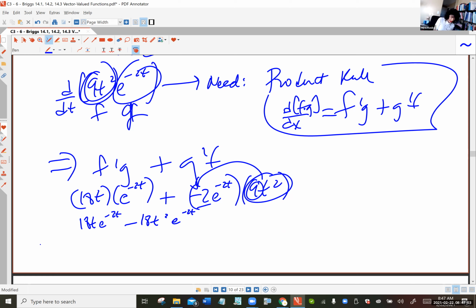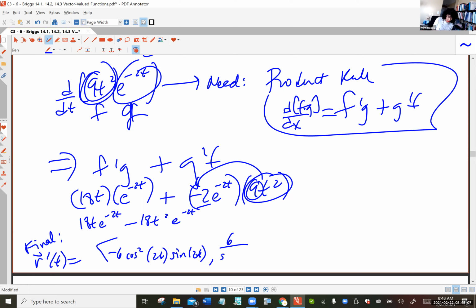Okay, so final answer for this problem. You got your derivative r prime, and you're going to have the negative 6 cos squared 2t sine of 2t. That's your first component. Second component was 6 over 5, 2t plus 1 minus 2t all over 5 times t squared plus 2. And don't bother trying to find a common denominator for those two terms.